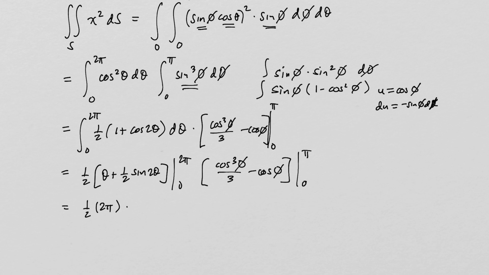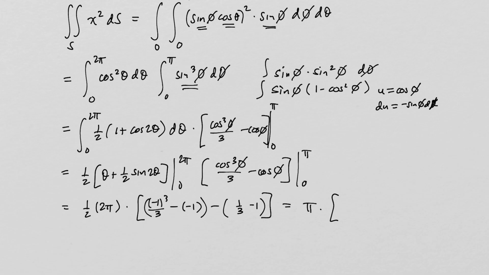The rest cancels out, multiplied by, if we plug in pi, cosine of pi is -1, so we have -1 cubed over 3, minus the cosine of pi again is -1, minus, we plug in 0, we get 1/3 minus 1. All right, so this is pi times, and then we have -1/3 plus 1 minus 1/3 plus 1. And that is 2 minus 2/3, which is 4/3, so we end up getting 4 pi over 3.